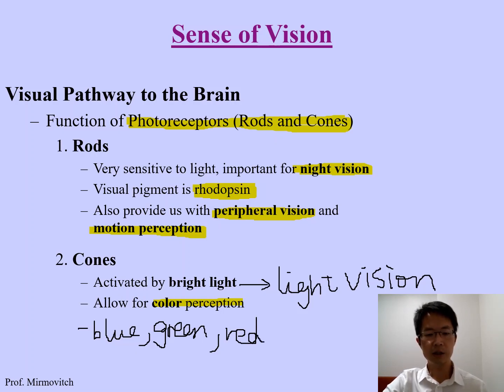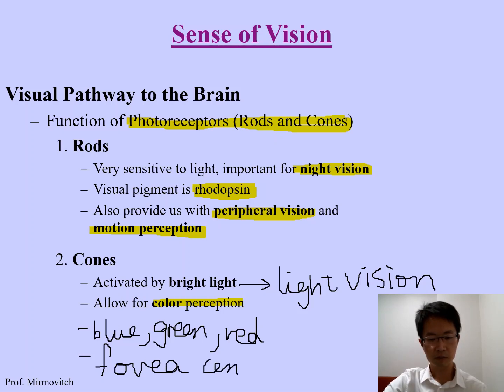That's why they are for color perception, and most of the cone cells are in, guess what, the fovea. Remember I told you that they are mostly located in the fovea centralis.